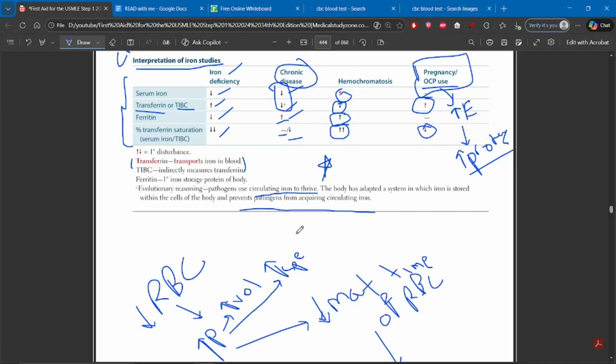The body thinks that because it is being attacked by inflammation, it is being attacked by a pathogen. So what the body does is remove the iron from the blood and store it in ferritin, and it prevents the release of iron, because the body thinks that if the iron doesn't get released, then the problem is going to be solved. But this turns out to be a bigger problem in the future, right?